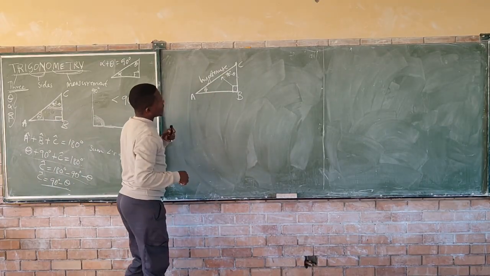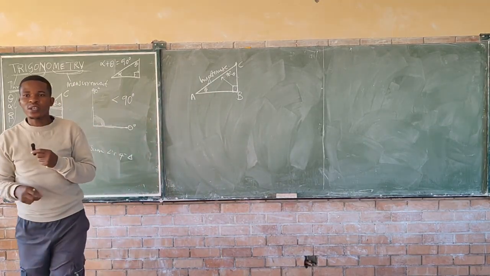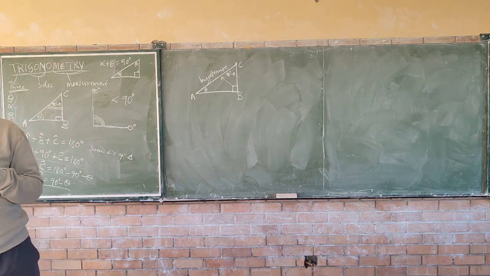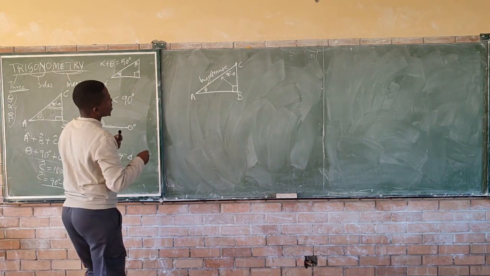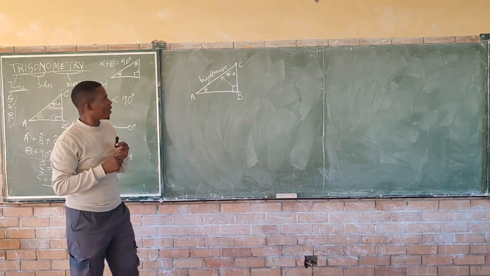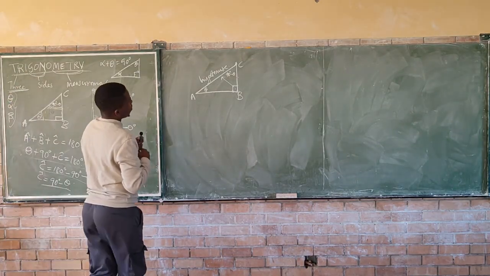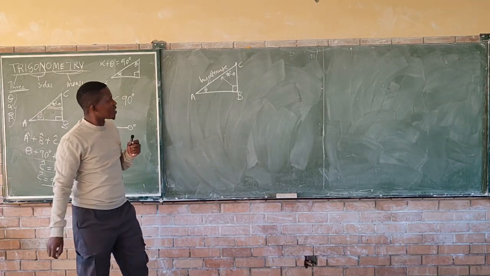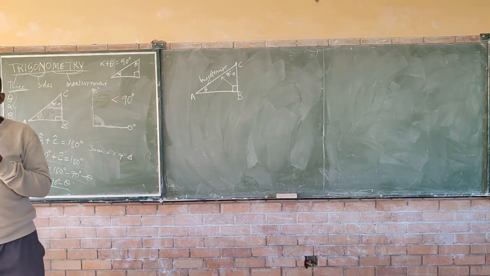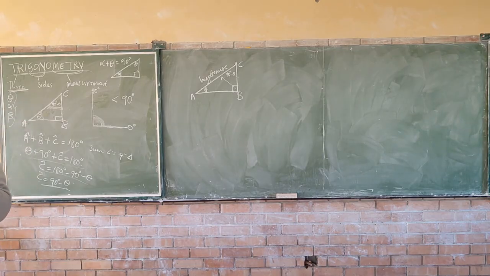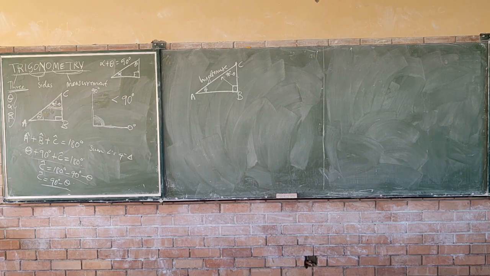After the hypotenuse, we have the two remaining ones, the opposite and the adjacent. So which side will be the opposite? BC, CB. How many are saying BC?